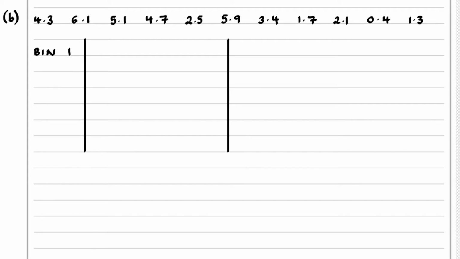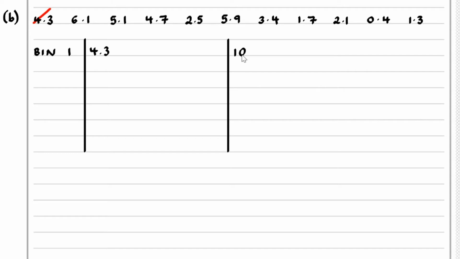We'll call this bin bin 1. Now, when empty, the space in bin 1 is 10. Now we place the 4.3 into bin 1, and if we do that, we can cross off the 4.3, indicating we've used it already.